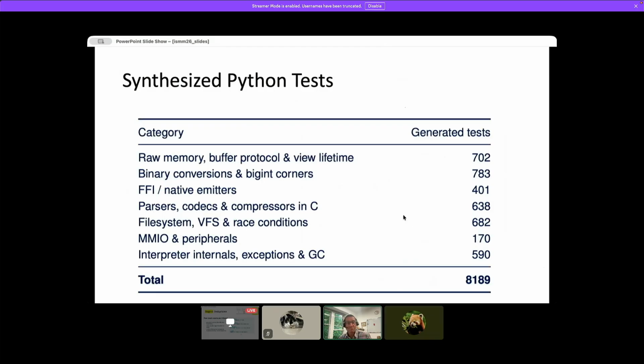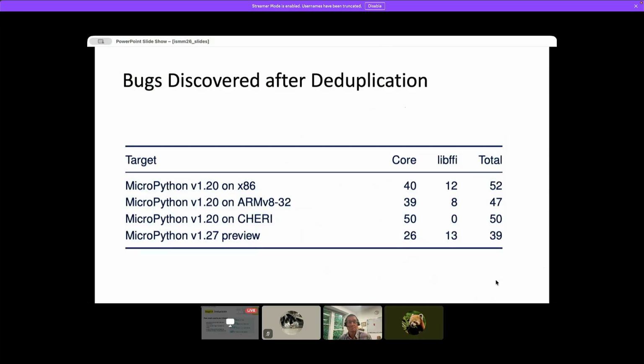The programs cover a range of different areas in the MicroPython runtime: raw memory buffers, foreign function interfaces, file system libraries, peripheral interactions, garbage collection, and so on. So you see here the 8,000 synthesized Python programs, which we hope are going to trigger bugs in our runtime. And indeed, we do find bugs.